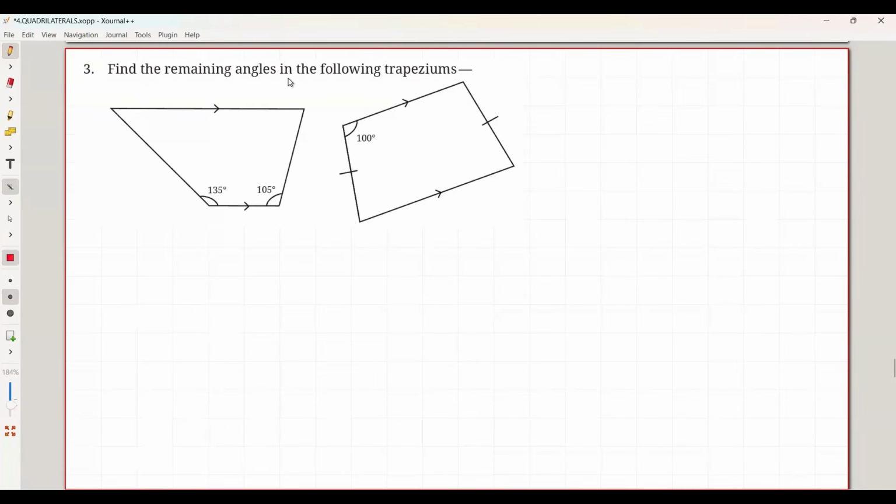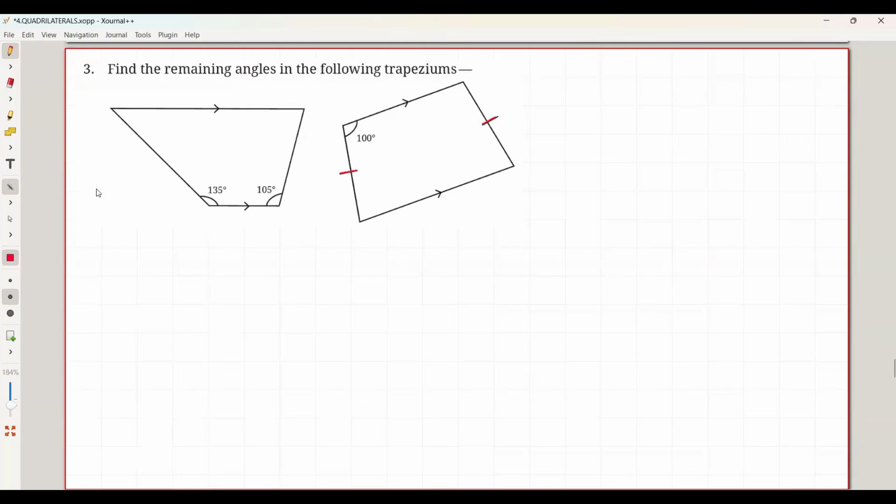Find the remaining angles in the following trapezium. This is a normal trapezium, and here they have mentioned this line, representing these two sides are equal. In a trapezium, when non-parallel sides are equal, it is called an isosceles trapezium. One is a normal trapezium, another is an isosceles trapezium.